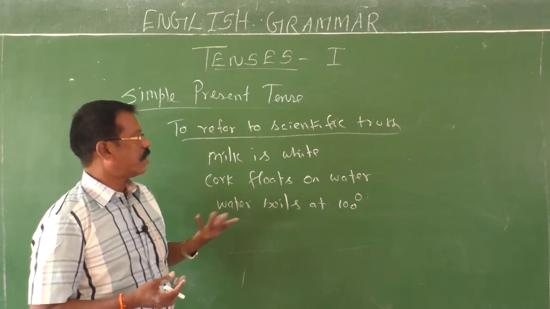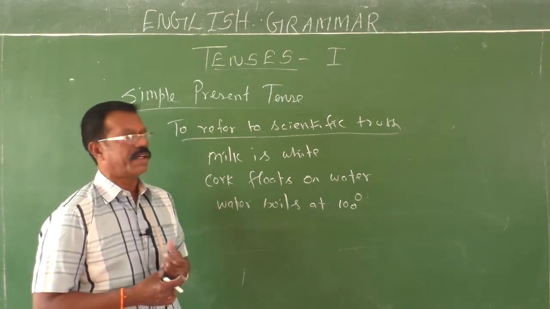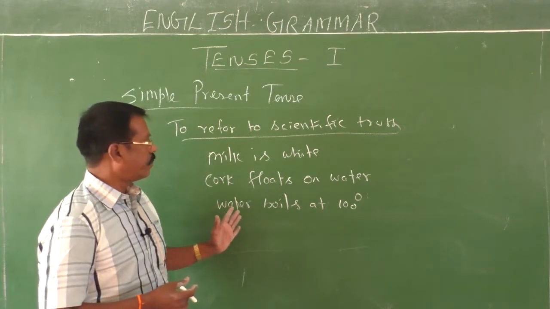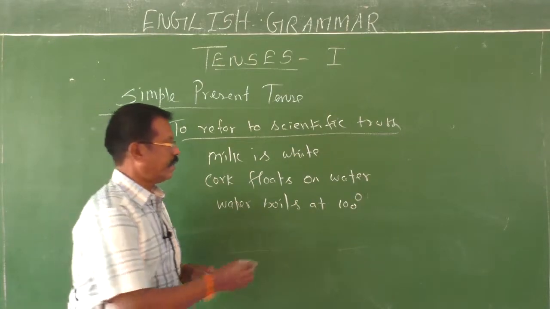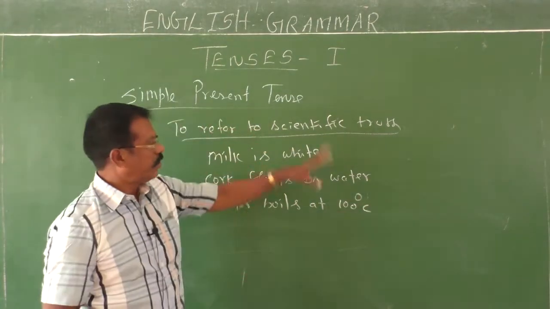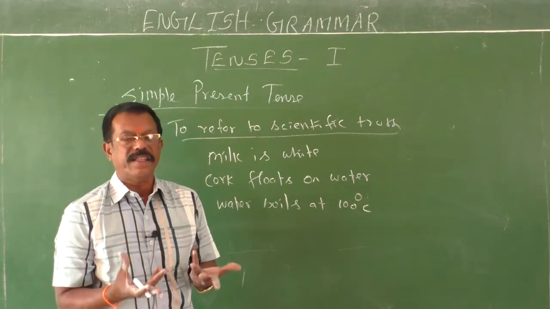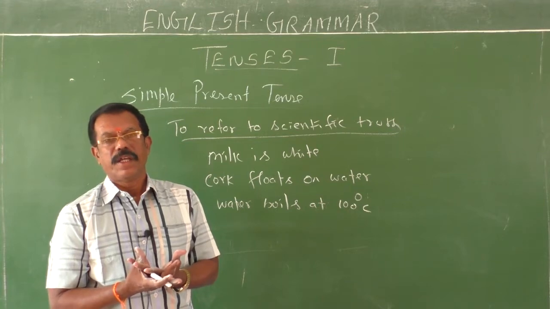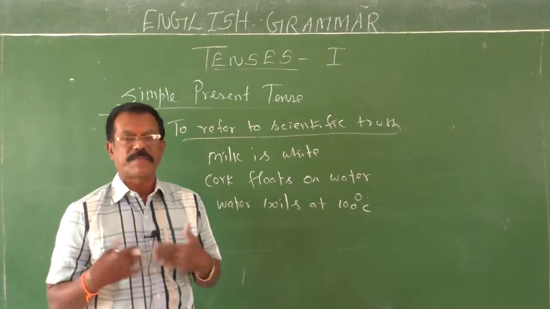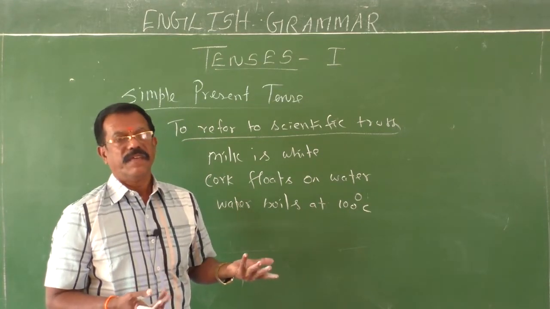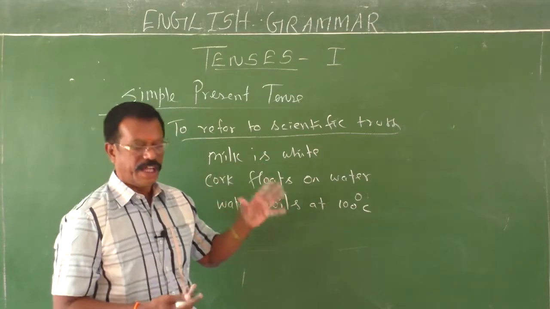And wood floats on water. And then water boils at 100 degrees Celsius. So they are scientific truths. You cannot just deny these facts of science. So scientific truths are expressed in the present tense. We use present tense to refer to scientific truth.